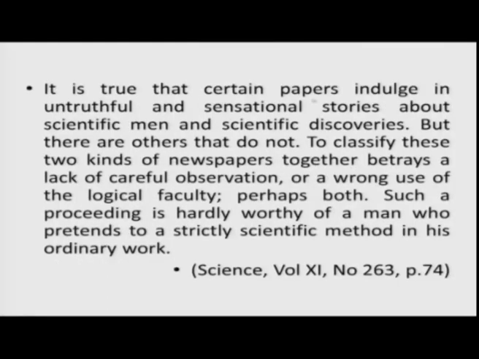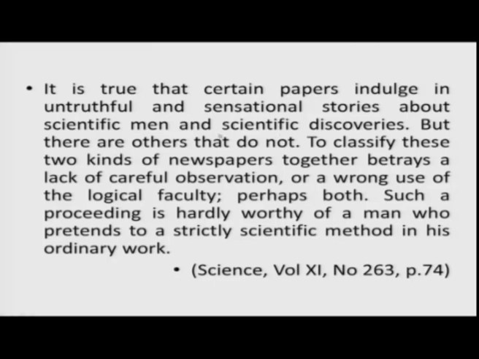The text here mentions that there is some information about some papers indulging in untruthful and sensational stories, but does the text stop here? There is something else. You will see that the writer here then talks about a different category of newspapers.